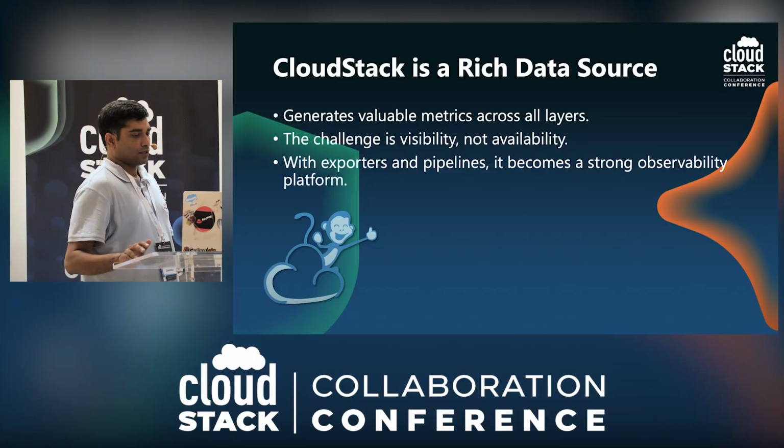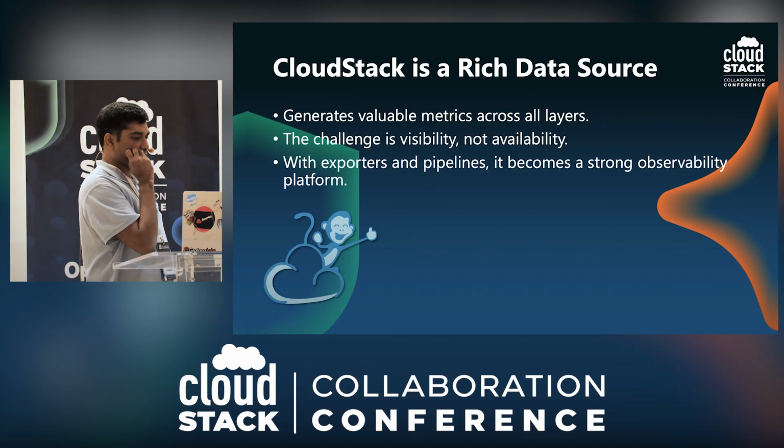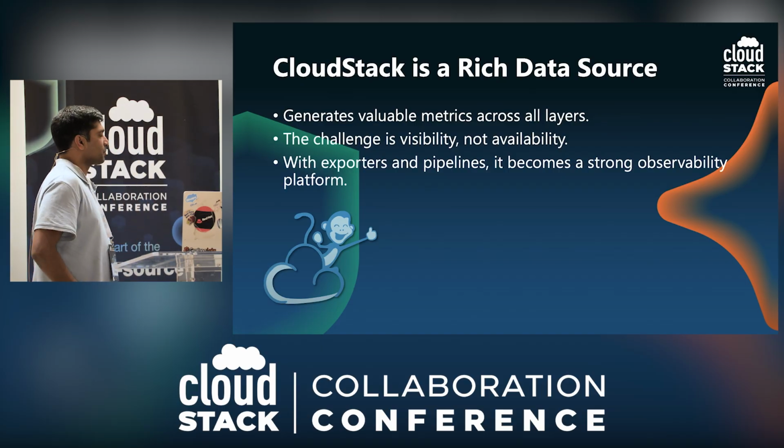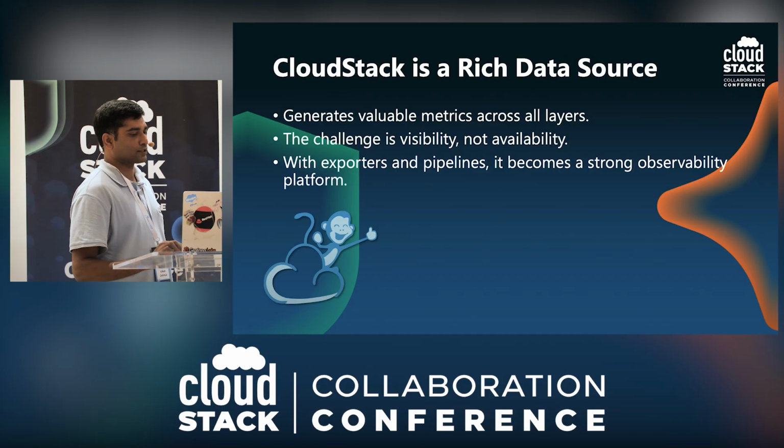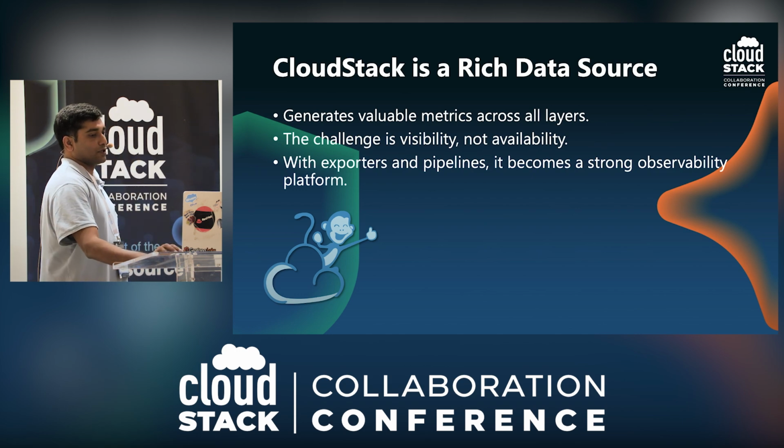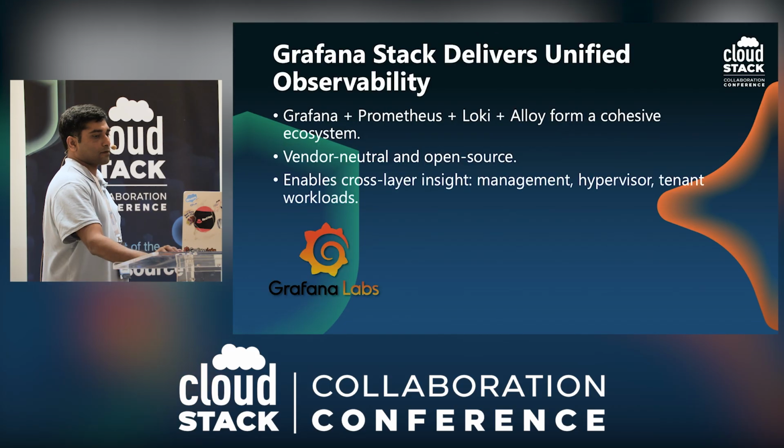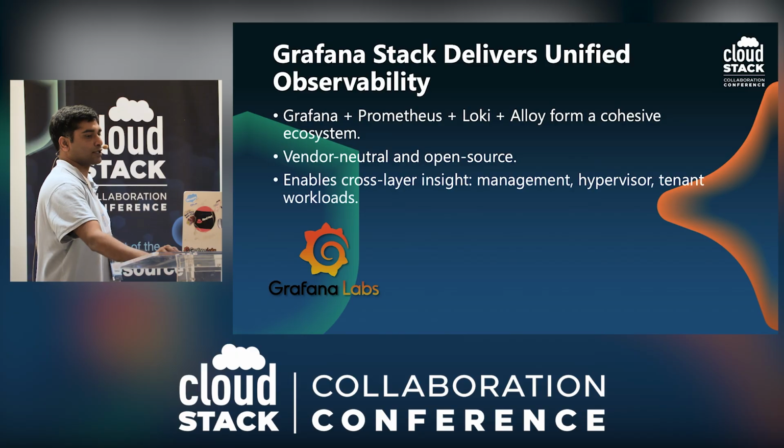Concluding, CloudStack has a lot of metrics. The challenge is that the visibility is not done properly. So I used Grafana to get it done, and with exporters and pipelines, it becomes a strong observability platform. The Grafana stack delivers it, and it's open source.